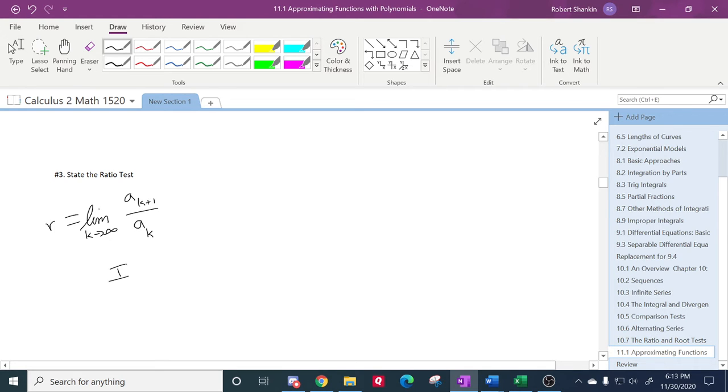And same conditions as the geometric series. If r, now we're going to wind up using this most of the time with all positives, but I can still put absolute value, is less than 1, then the series converges. And that's the essence of the ratio test right there. Just figuring out what the r is, seeing that it's like a geometric series, same conditions that the geometric series has.